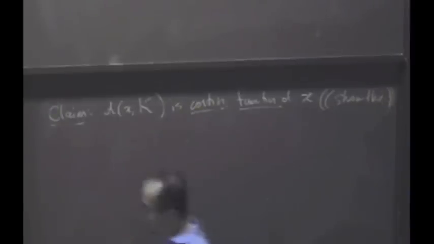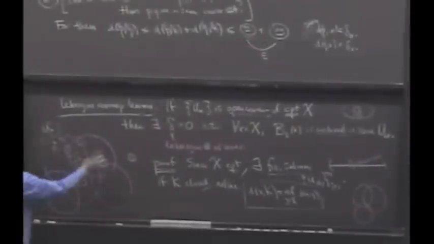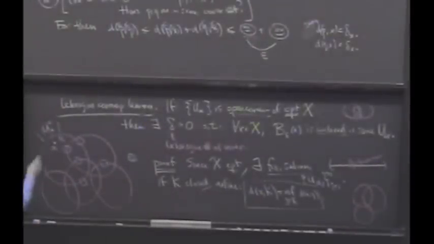All right, so then what? Well, if these sets cover, then x is in at least one of the balls, or one of these covering sets, yes? And so the distance between x and its complement is going to be non-zero.